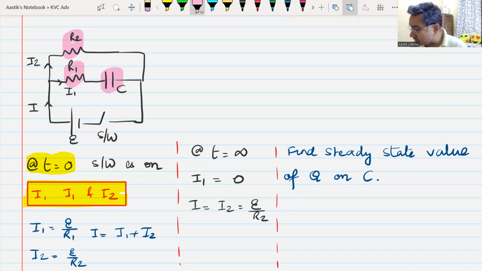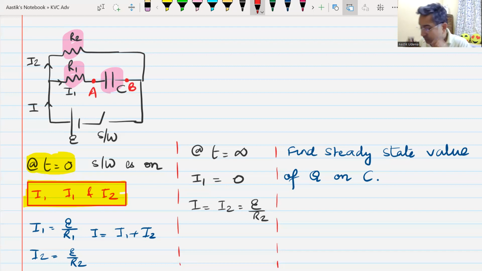To find the steady state charge on the capacitor, you have to find the potential difference between these 2 points, which is the potential difference across the capacitor. Yes or no? Yes, sir. Now, since the capacitor has come to steady state, there will not be any current in this branch. I1 is 0. Yes or no?